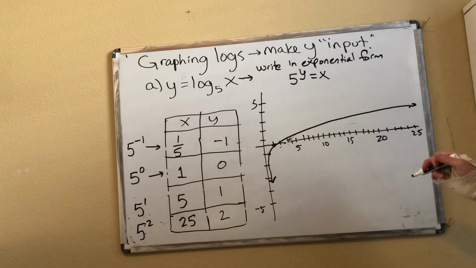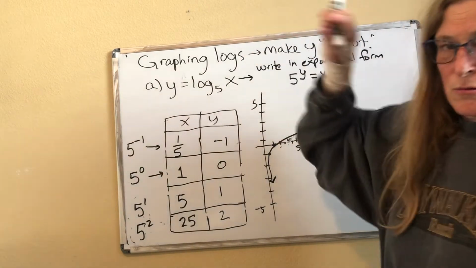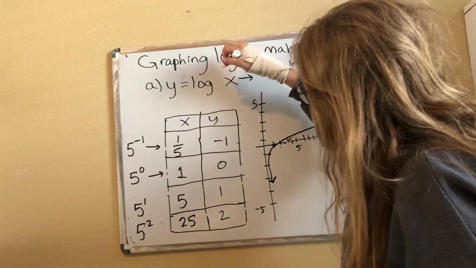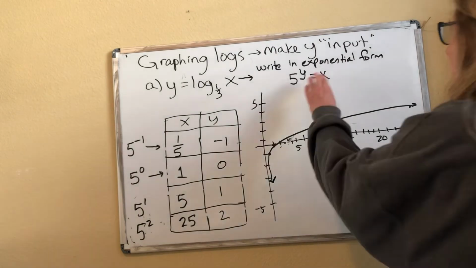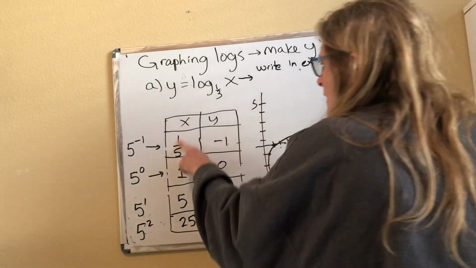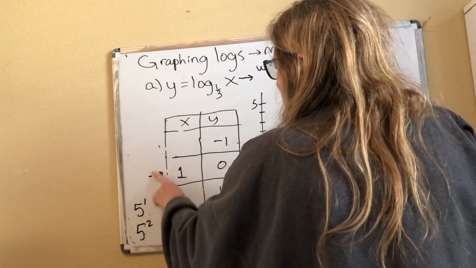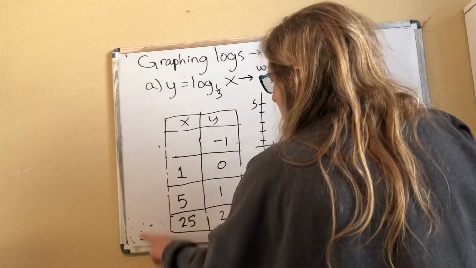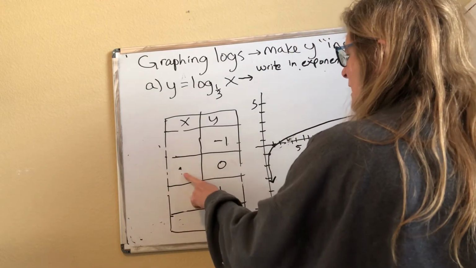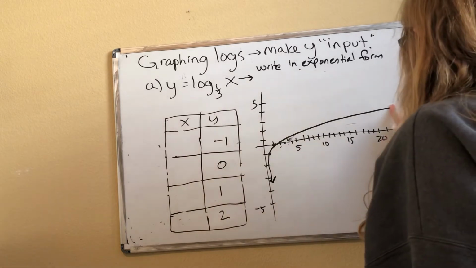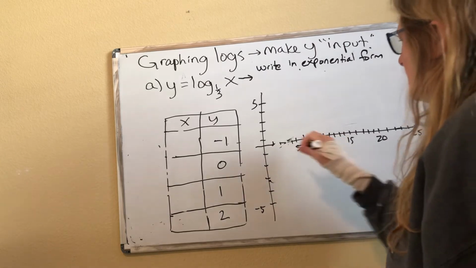So we're going to try another one of these, and we'll do the same exact thing. I'm going to erase, since I only have one board at home here. Sorry, this is going to take a little longer. I'm going to use the same Y values, and this time I'm going to plug into this log base 1/3 equation.